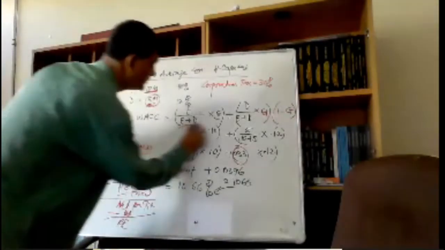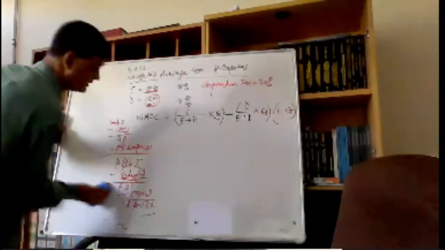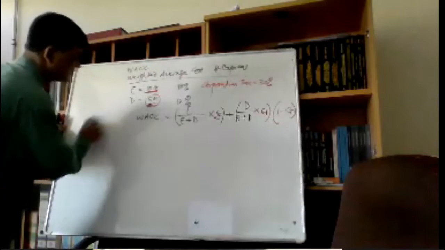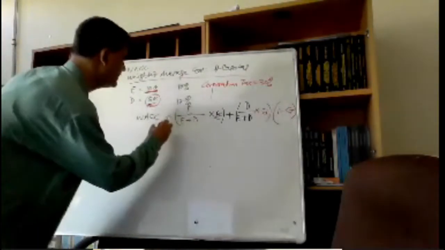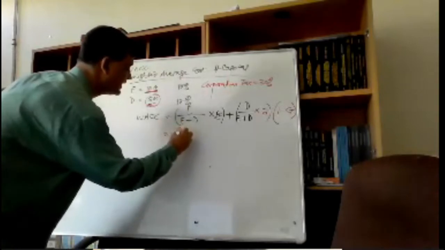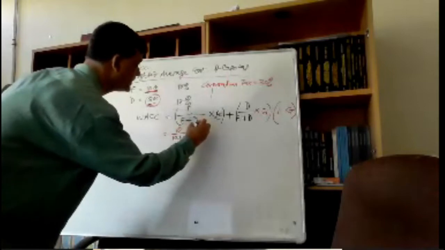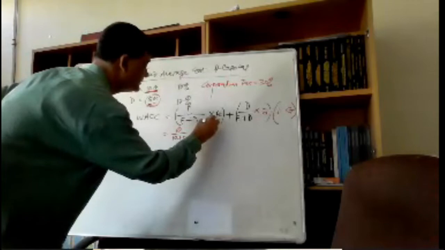So we will now do the calculation again. Now we have additional data. So here is 10 divided by 10 plus 5, multiply RE, which is 0.10.